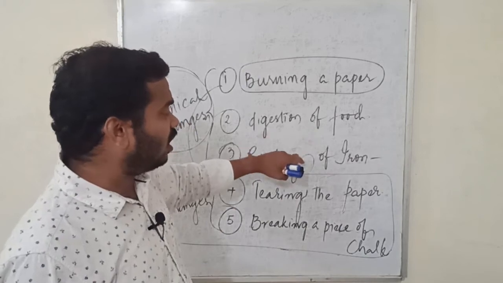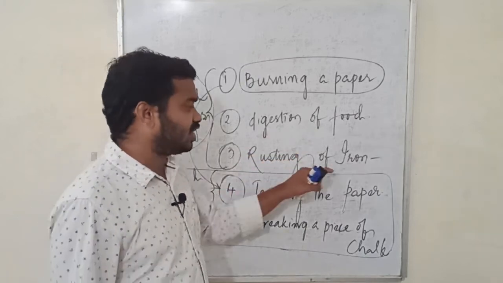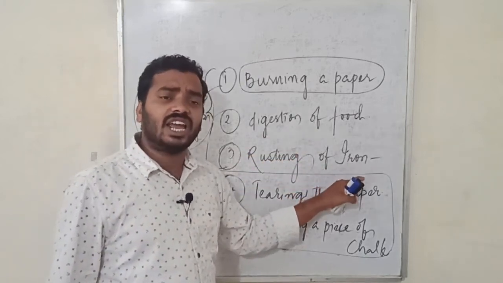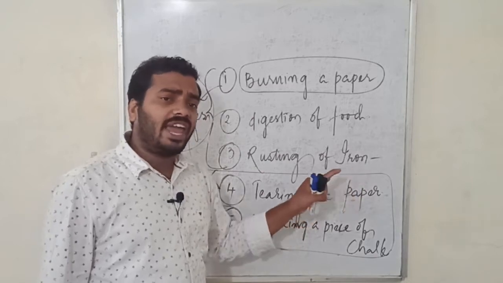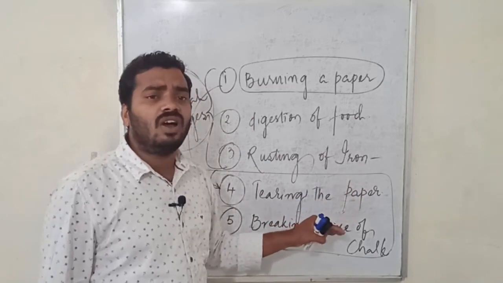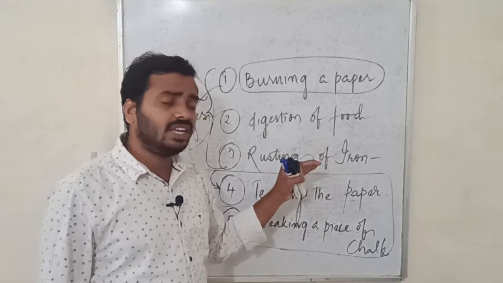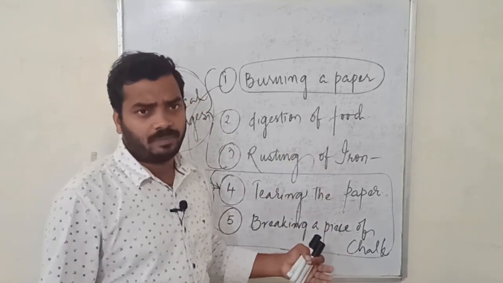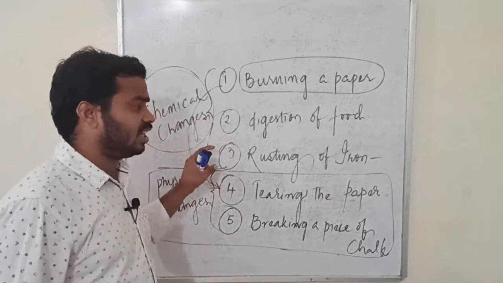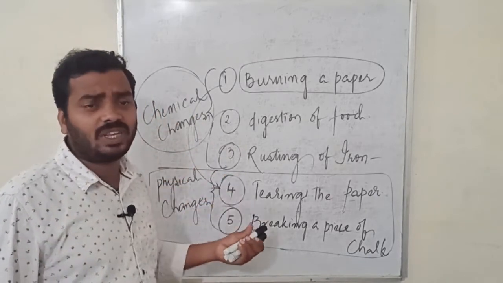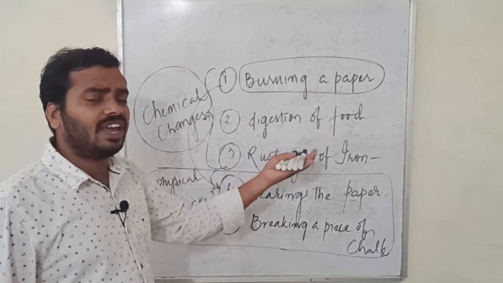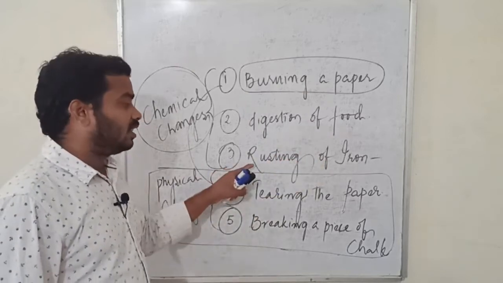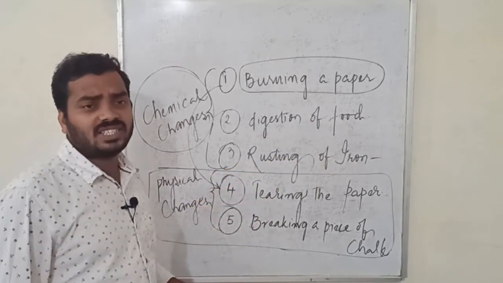Rusting of iron: iron getting reacted with oxygen in the presence of moisture. That is what rusting is. Fe gets reacted with oxygen and forms Fe2O3. This is rusting of iron.